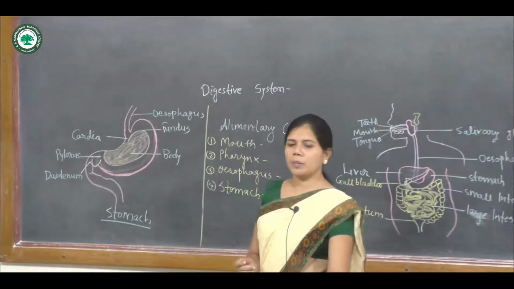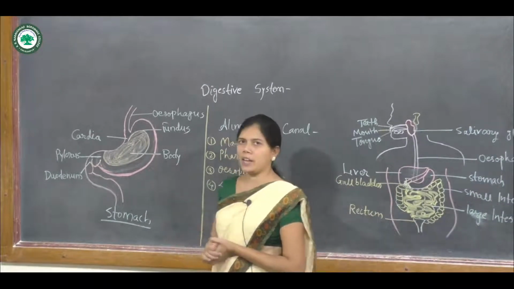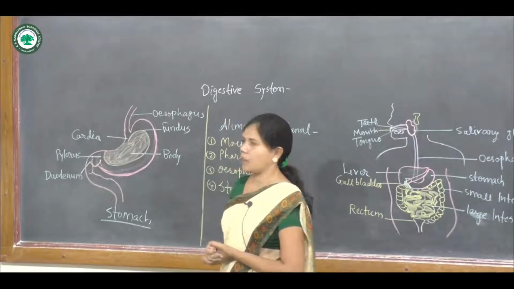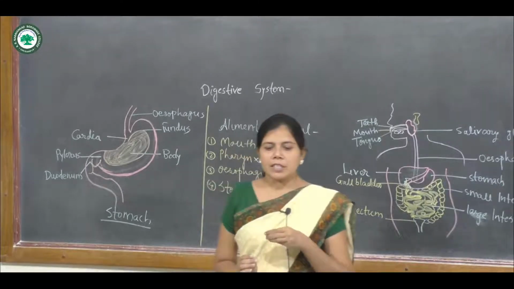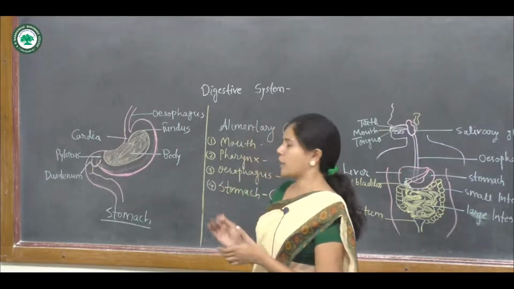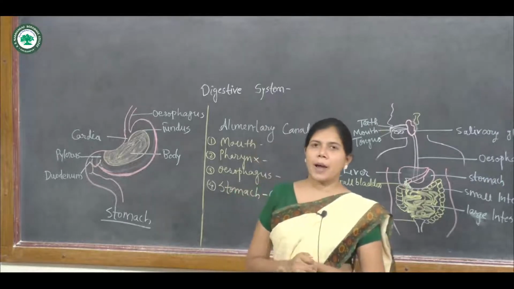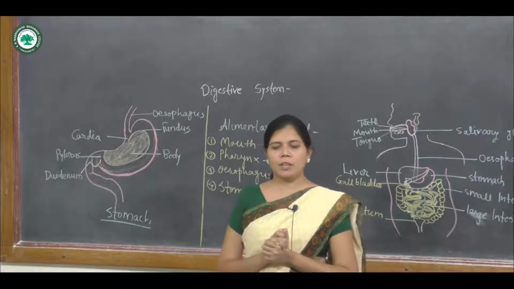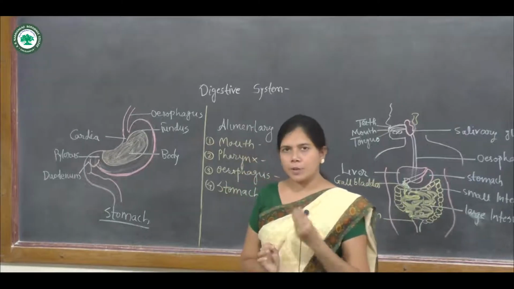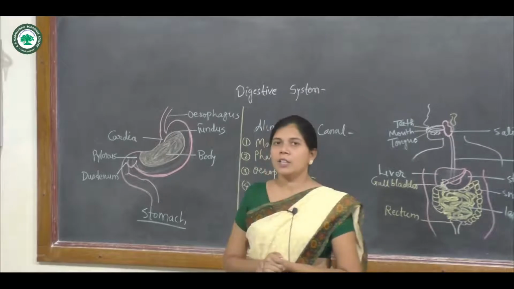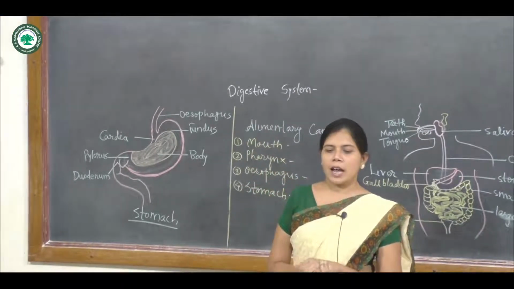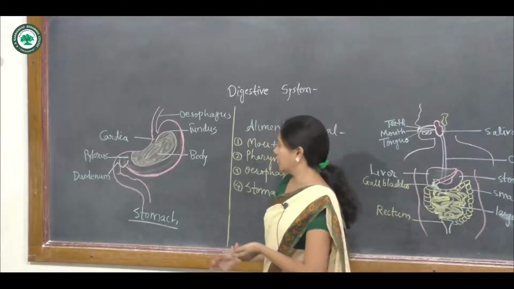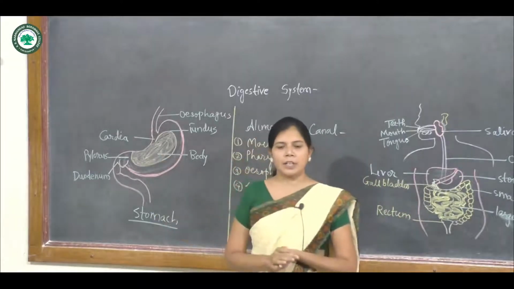The first part of the stomach is the cardia, the next is the fundus, the third is the body, and the last is the pylorus. The cardia is the first part of the stomach, surrounded by a band of circular muscles present at the junction of the esophagus and the stomach, which is known as the cardiac sphincter.